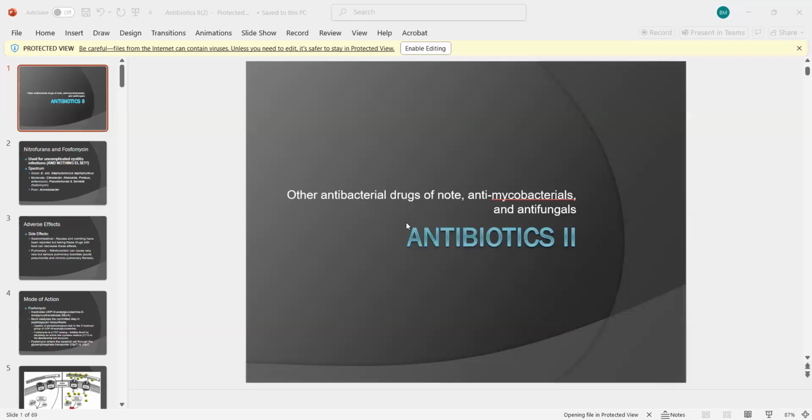Pyrazinamide also seems to inhibit fatty acid synthase 1, so it works kind of in the same way as isoniazid. This drug will raise uric acid levels, and it can precipitate gout attacks in people with high uric acid levels. Can also cause some joint pain.